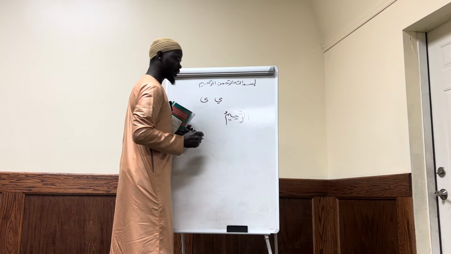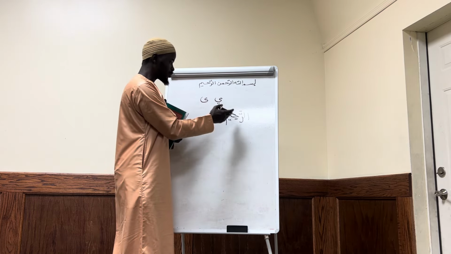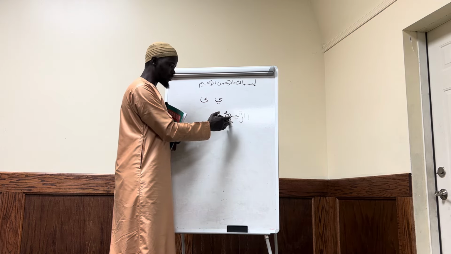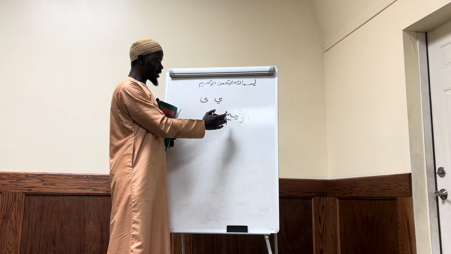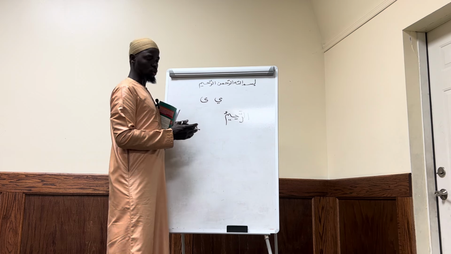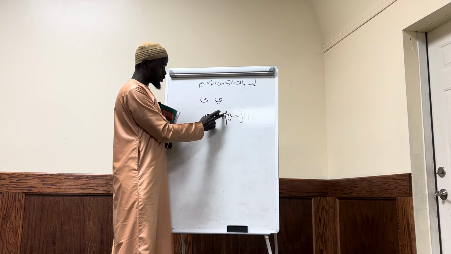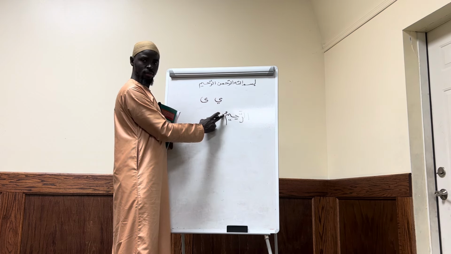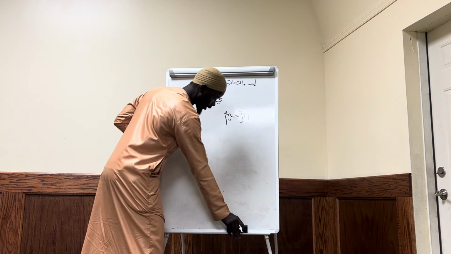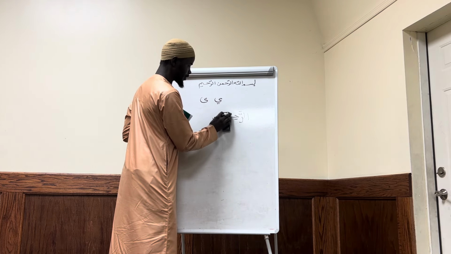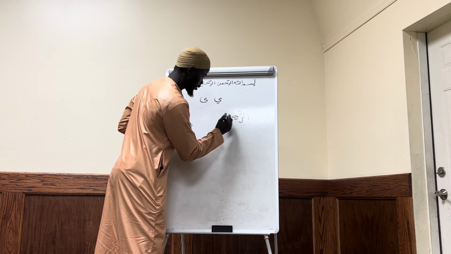Ar-rahim. You see ar-rahim. So we have ha with kasra and we have ya, and this ya has dot. So there is no vowel on it, because the dhamma is for the mim. Let me write it like this so that you guys can see it clearly.